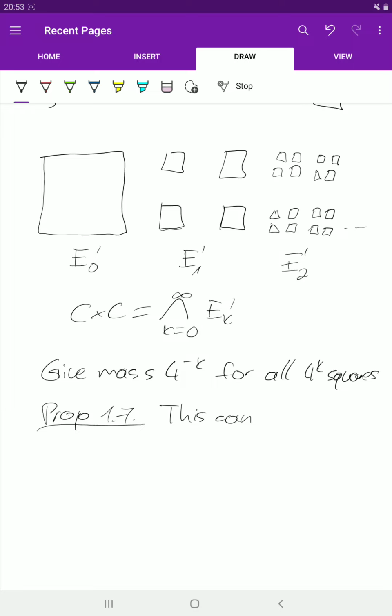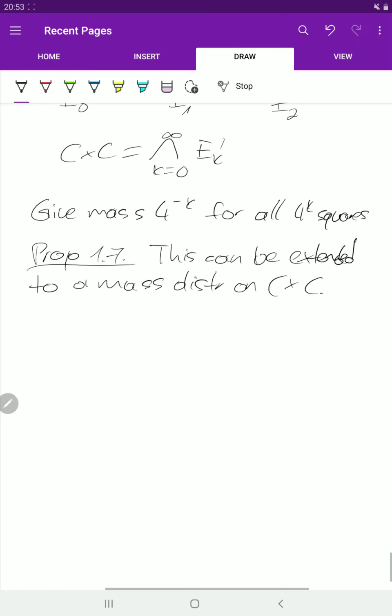And then the claim is that this can be extended to a mass distribution on the product of the two Cantor sets. So we'll take this for granted, and then with this we have our mass distribution, and we can use this to prove the lower bound.